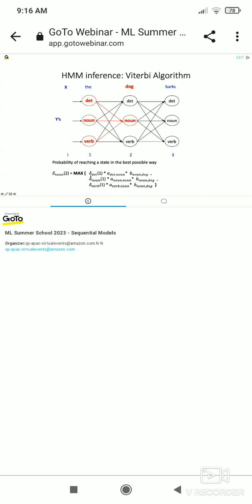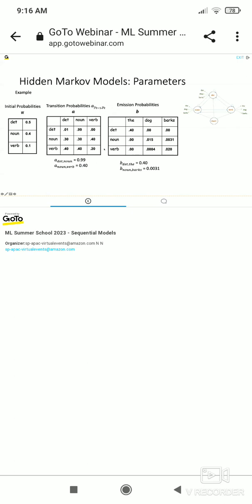So let's consider the previous values and substitute the values here. So these are the values. Recall that the emission probability of the word "the" being in the state noun is 0, and also the emission probability of the word "the" being in the state verb is also 0.